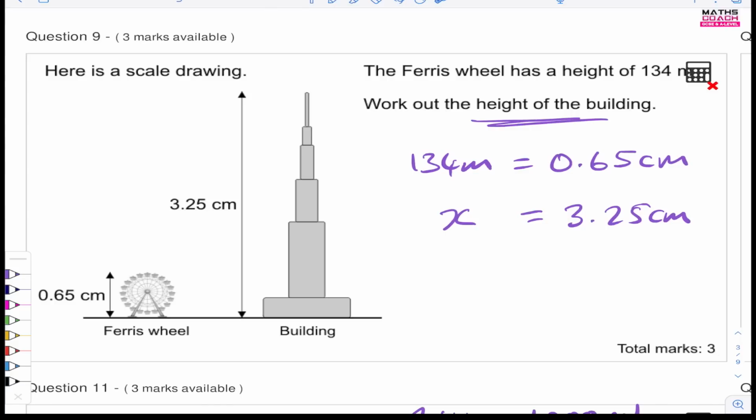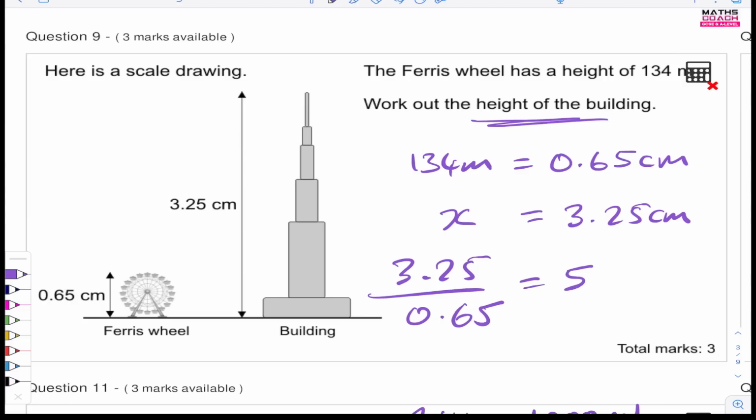We look at the height of this and the height of that, and then we wonder how many of these will fit in here. The best way to do that is to do 3.25 divided by 0.65, and the answer is 5.